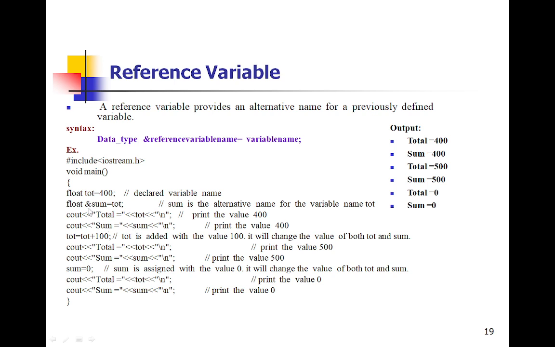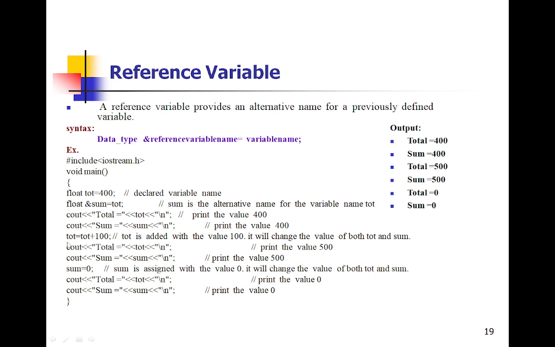Here you can see that the TOT value we have already stored as 400. Now the reference variable name we can give as sum. So the sum value is also considered as 400. Here we are going to display total as well as sum. Both values will be 400, 400.